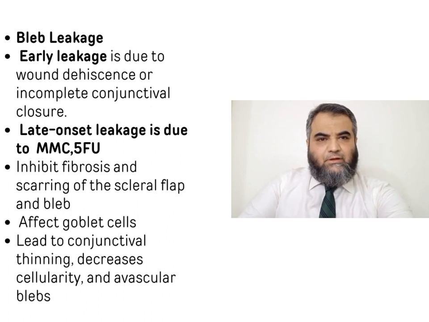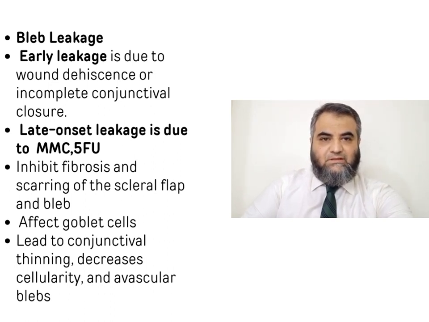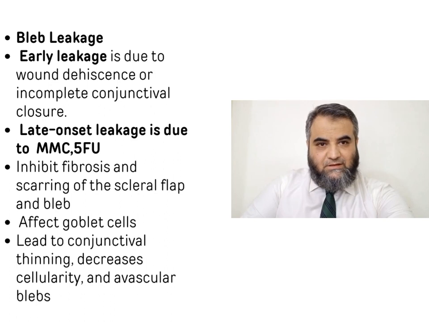If we talk about early leakage, this usually happens within the first 3 months. It is because of dehiscence of the wound, or because of incomplete conjunctival closure. But when we talk about late leakage, this is because of the use of antimetabolites, for example 5-FU and mitomycin C. It causes thinning of the conjunctiva, acellularity, and goblet cells are damaged.